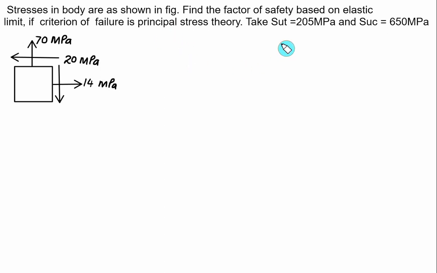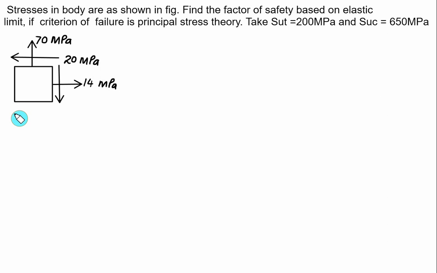This time SUT is given as 205 and SUC is given as 650. So you have to read this figure carefully. Sigma x is 14 megapascal, which is tensile. 70 megapascal is sigma y, which is again tensile. On the right face, the shear stress is acting in the downward direction, so it has to be taken as a negative value.